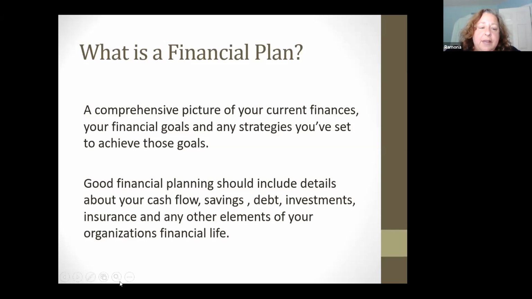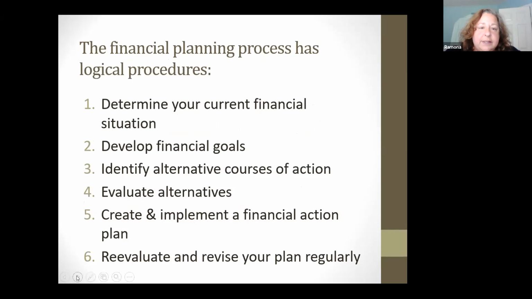So the financial plan and the financial process is basically a logical process, we in the biz feel. There are some steps, and again, there may be some things that apply to your organization and some that don't, but overall, as I've already said, we need to determine our current financial situation, knowing where we stand.